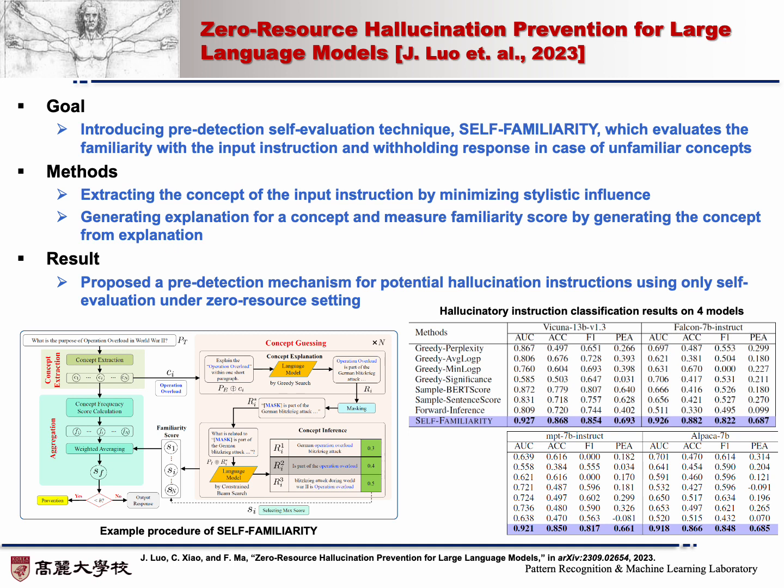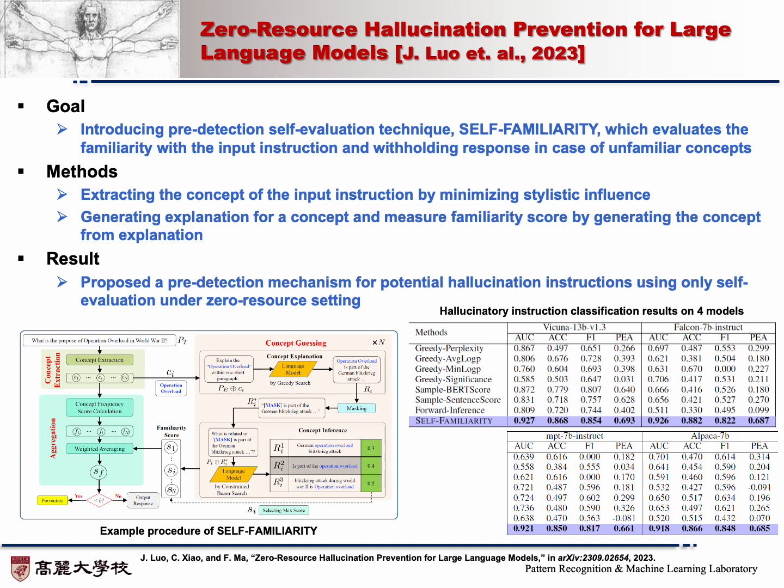Highlighting the results, Liu and his team have successfully introduced a pre-detection mechanism that can identify and prevent potential hallucinations in responses. And all this is done under a zero resource setting, which is quite commendable.